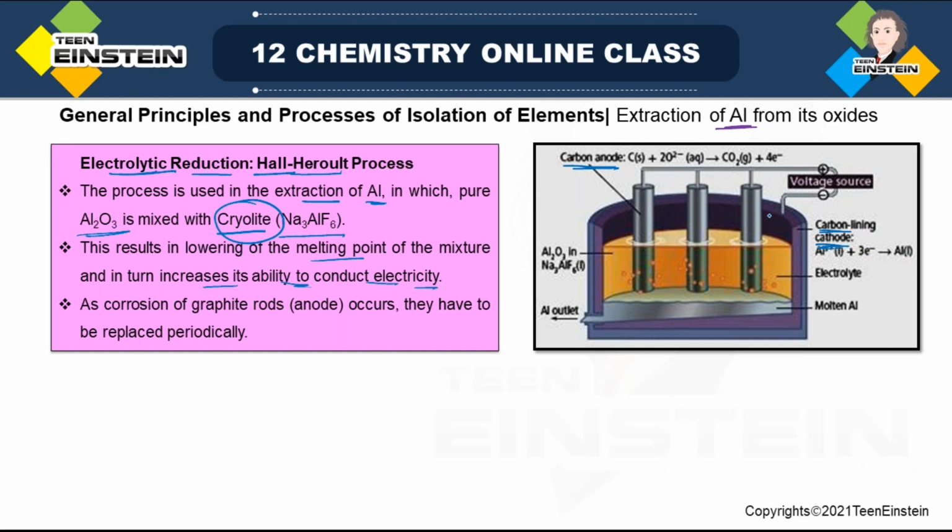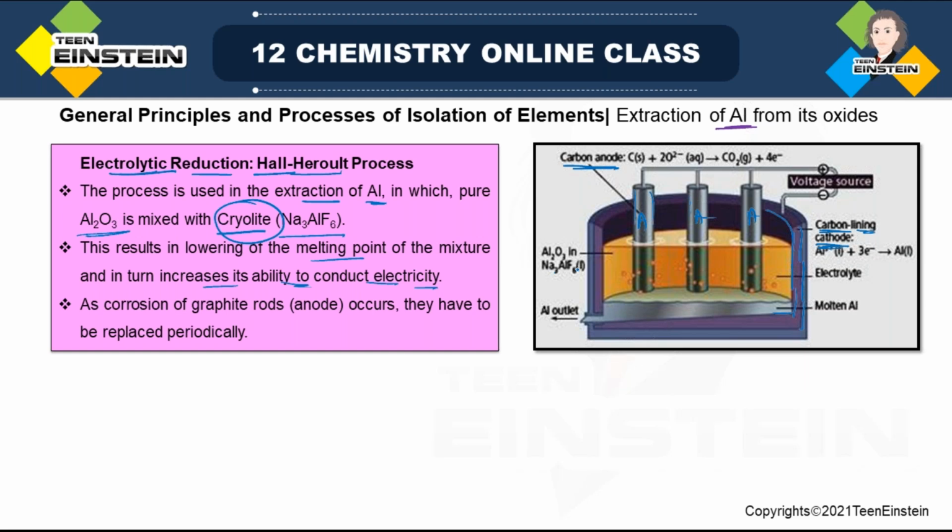See here the cathode is not rod-like in nature, it is basically a carbon lining. So this part is basically the cathode, and all these are the anode. Both cathode and anode are made of carbon.